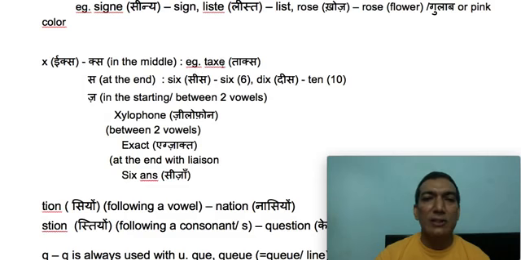But at the end of a word in French, like these two words, which are two numbers, six, dix, here it is pronounced as s. Six means the number six. And this word, dix, is pronounced like this.